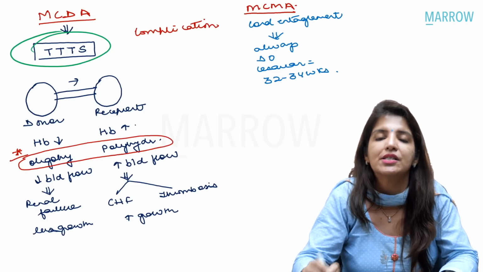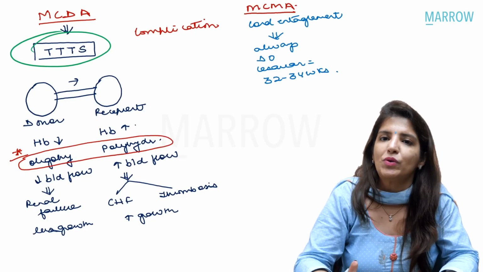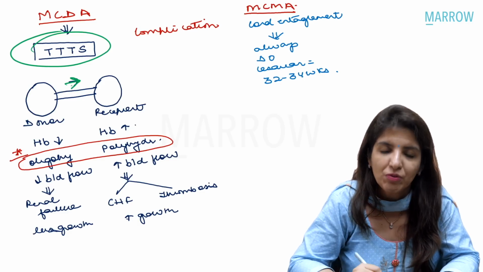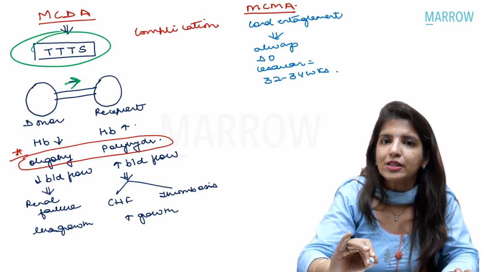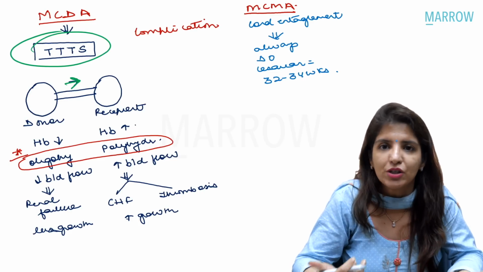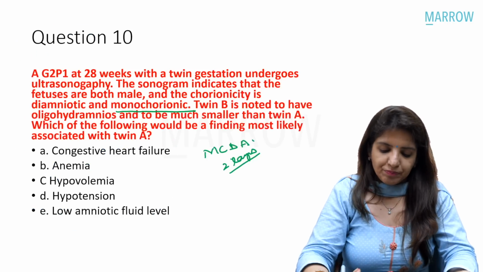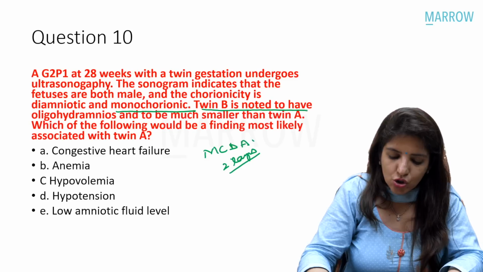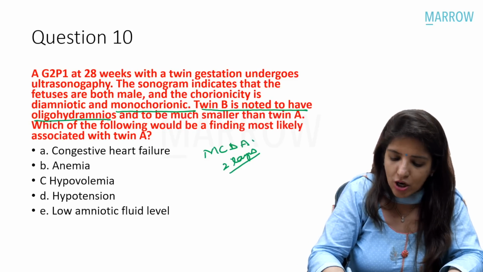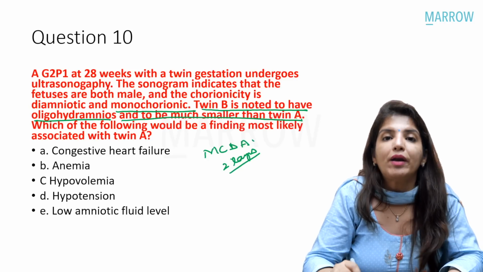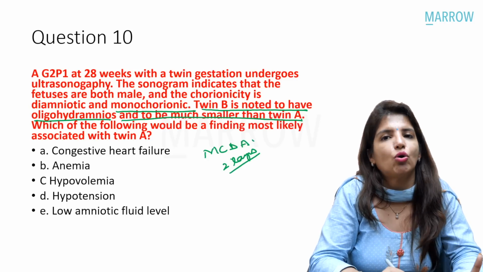In this case, there is a vascular connection between the twins such that blood flows only in one direction. So the twin which is giving its blood becomes the donor twin and the twin which receives the blood becomes the recipient twin, right? Now, let's look at this question. Over here, they are saying twin B is noted to have oligohydramnios and is much smaller than twin A. That means twin B is smaller and it has oligohydramnios.